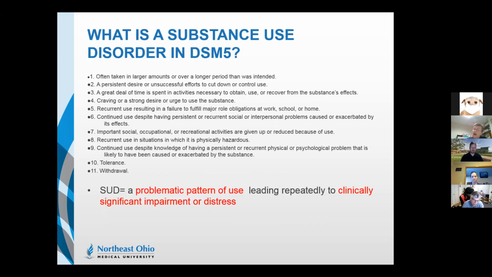Here are those 11 items just for you to have as a reference. But you can see that that person who's been on oxycodone for decades may have had a desire to cut down or control their use and hasn't been able to. They most likely have tolerance and withdrawal when they are cut off from their supply.